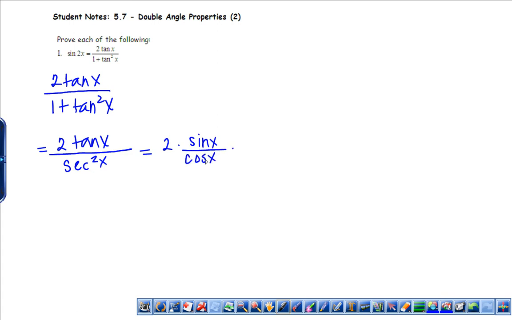And then secant squared, I'm going to pull out to the side, and I know I can change this secant squared. So this is 2 times sine x over cosine x, and I know secant squared is the same thing as 1 over cosine squared.